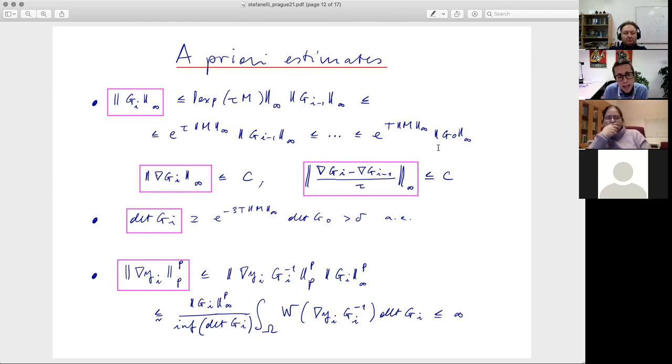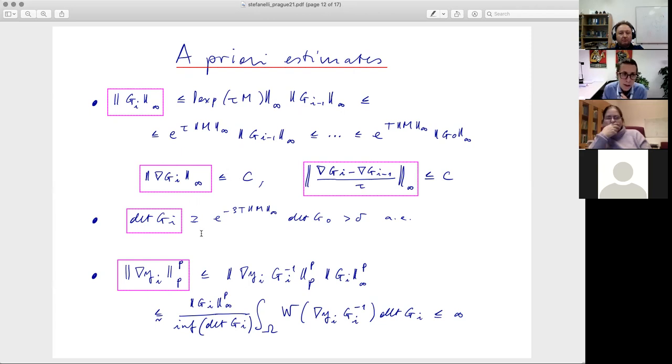And you can even bound the derivative in time with kind of the same techniques. Of course, to go for gradients and derivatives, we use the fact that the function M is differentiable and has nice derivatives.